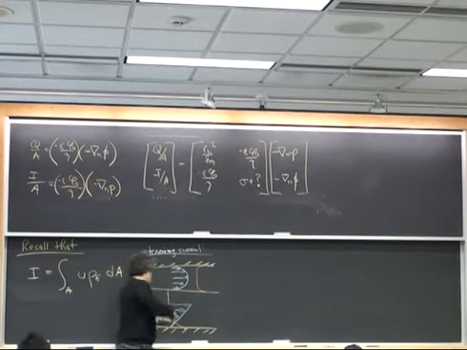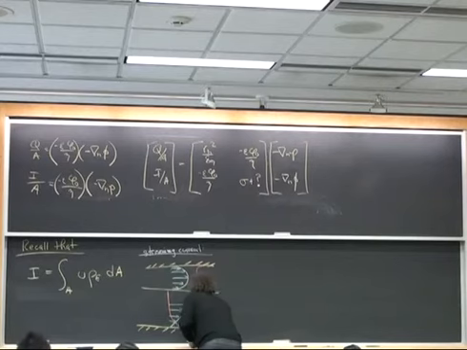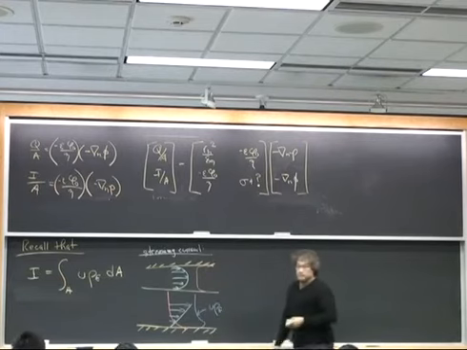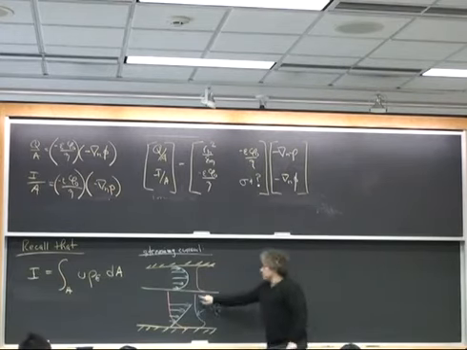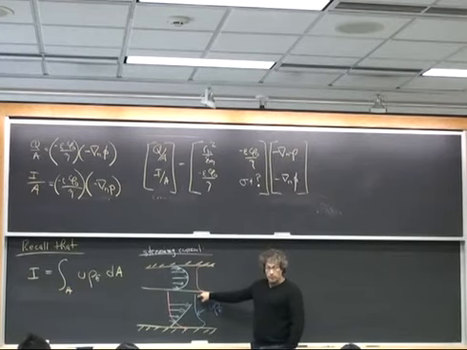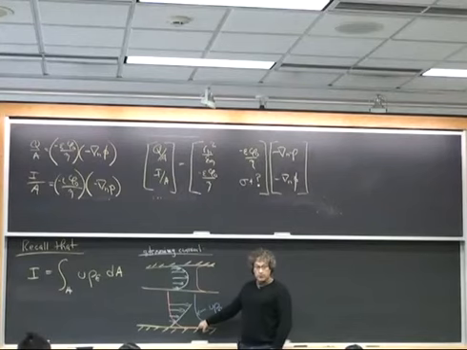And in fact, that tells you that if we made a graph of u times rho e, we would get a distribution that looks a little bit like this. There's no current flux far from the wall because there's no charge density. There's no current flux at the wall because there's no velocity.